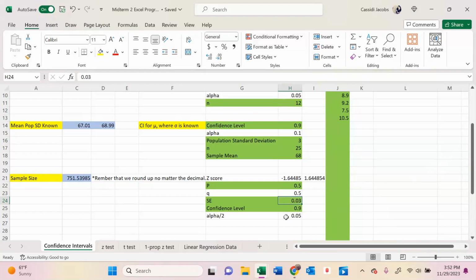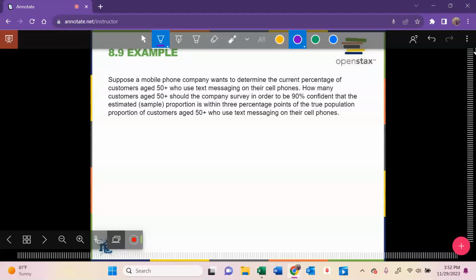So we're going to use 0.03 because it is percentage points. And then our confidence level is 0.9. When we enter all that, we get 751.5. Well, we can't sample a portion of a person, so we're always going to round that up. So it's 752. So in this case, we need our sample size to be equal to 752.